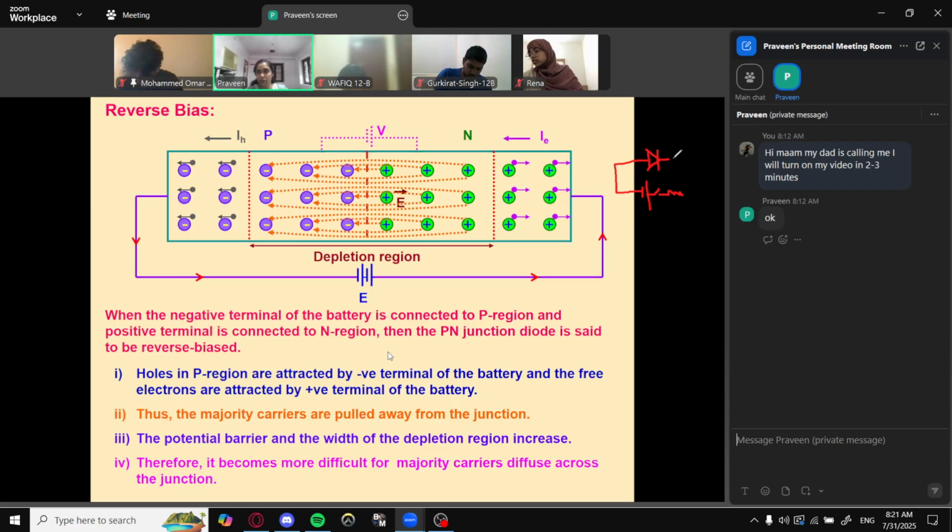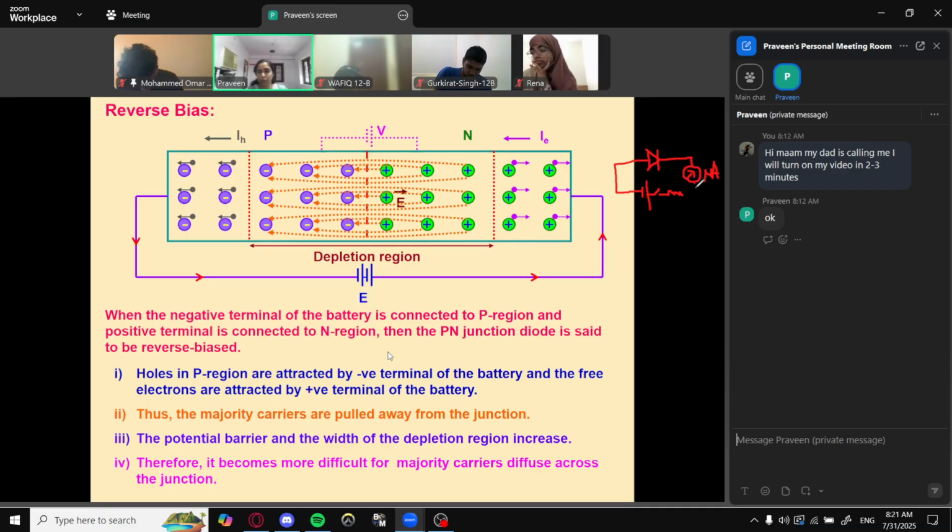And hence, since the current is very small, we will be connecting a microammeter. Not milliammeter. Milliammeter is for forward biasing. Here we will be connecting a microammeter, mu A will be connected over here.